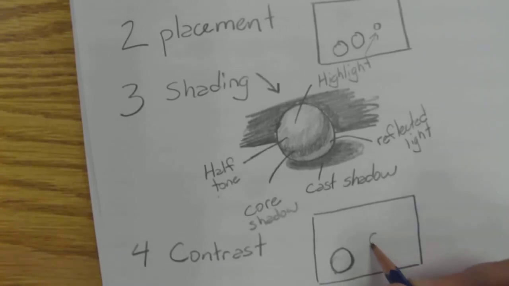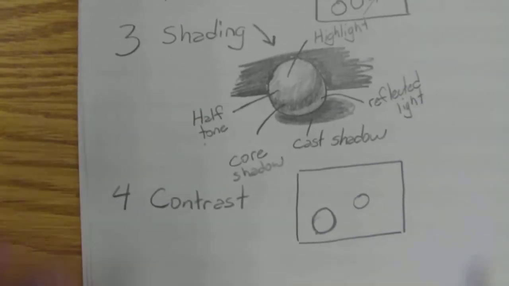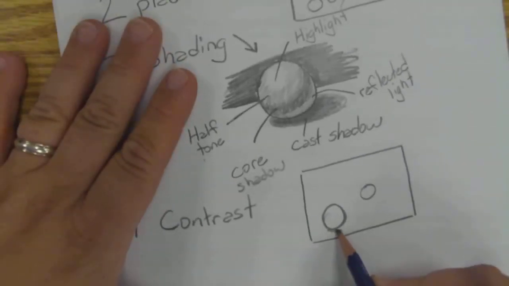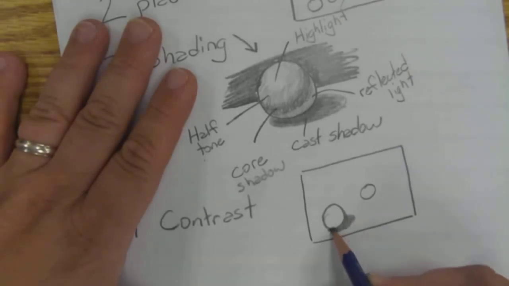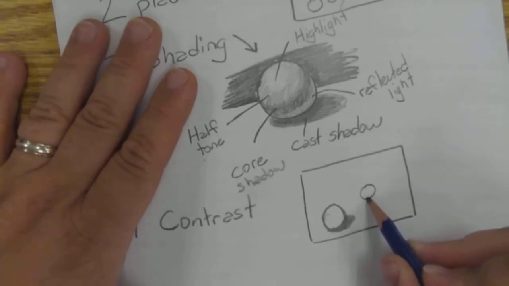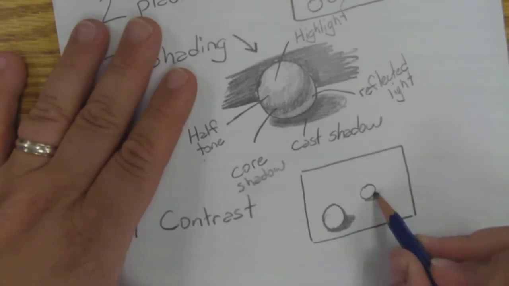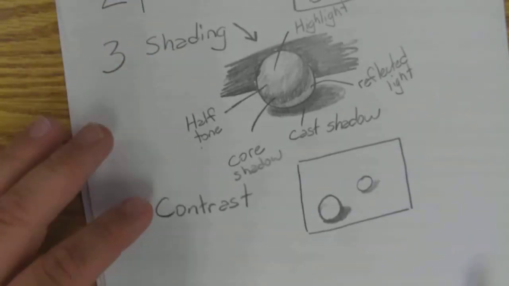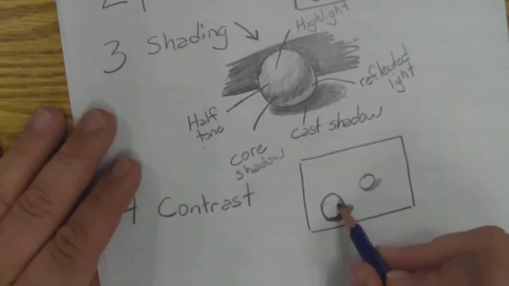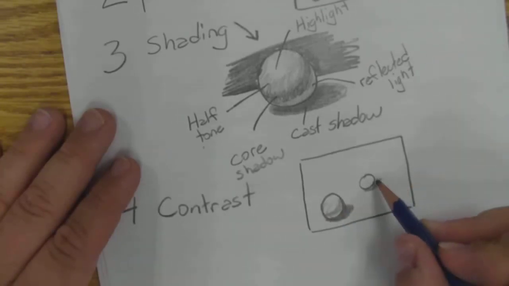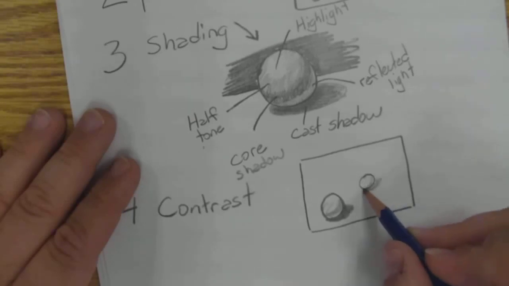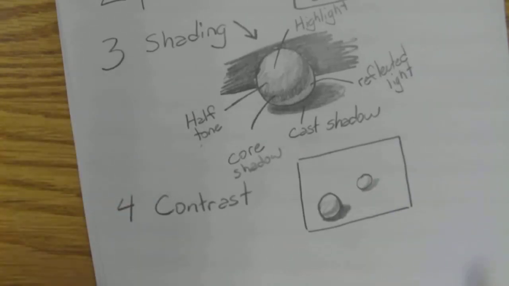I'll draw another one over here, a little bit smaller and higher on the page, so it looks further away. If I make the shadows on the closest object a little bit darker, with more contrast, it's going to look closer. If I put these shadows here with a lot of contrast, it creates the appearance of being much closer than the other object.